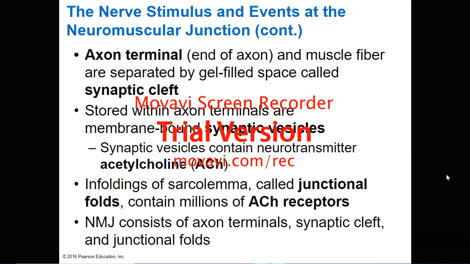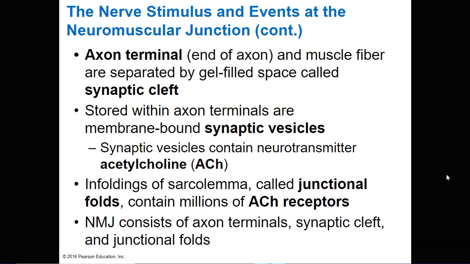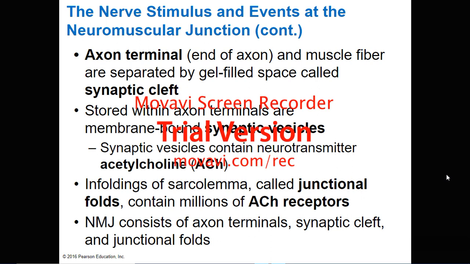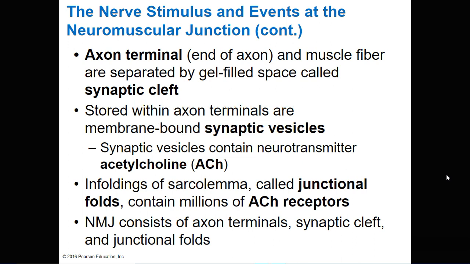And the acetylcholine is going to get released from the axon terminal. It's going to go through the synaptic cleft, and it's going to bind to receptors in the sarcolemma, the plasma membrane of the muscle fiber, and these infoldings called junctional folds. Okay, and these junctional folds contain millions of acetylcholine receptors.